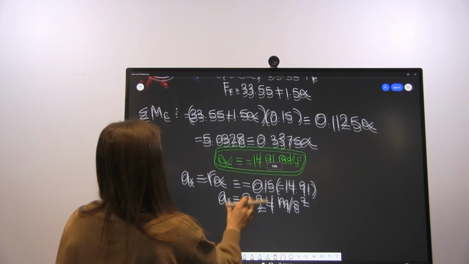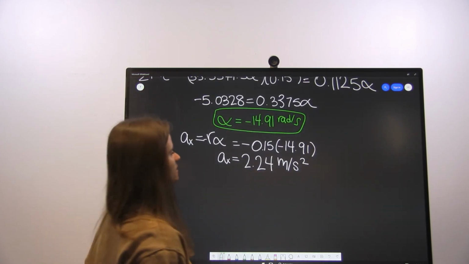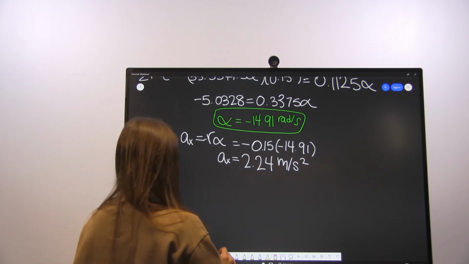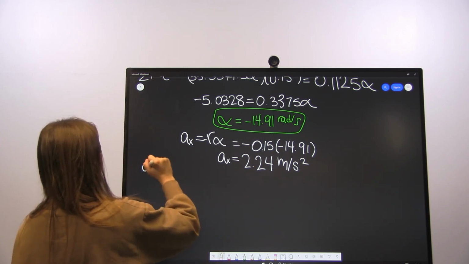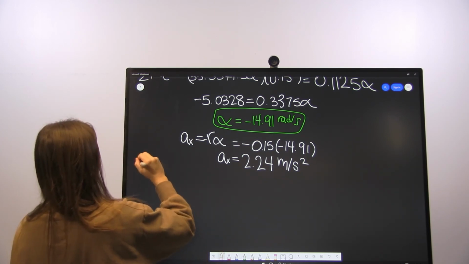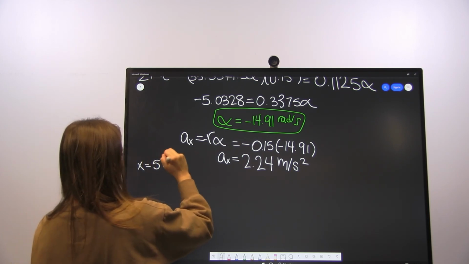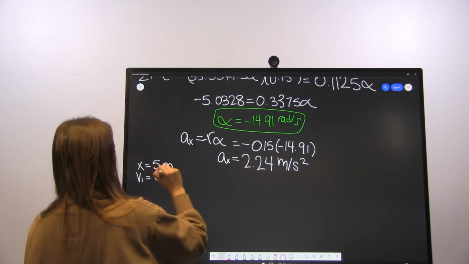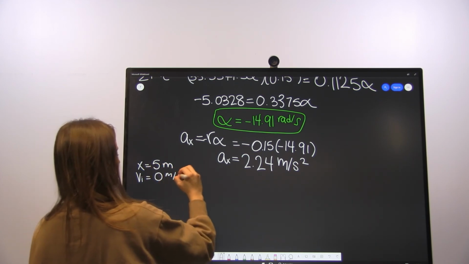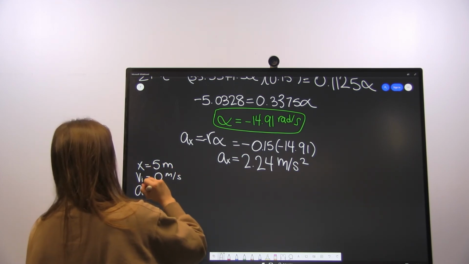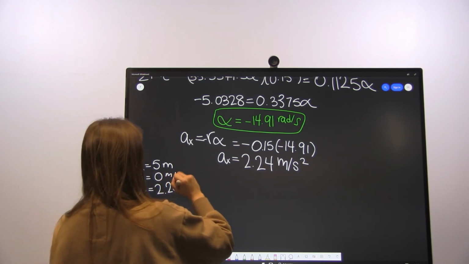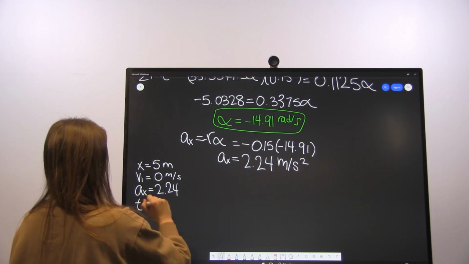And then from here we can use our kinematics equations to find out the time it takes for the cylinder to roll 5 meters. So our distance traveled, or our x, is 5 meters. Velocity initial is 0 meters per second. We know our acceleration in the x direction is 2.24, and we want to solve for time.